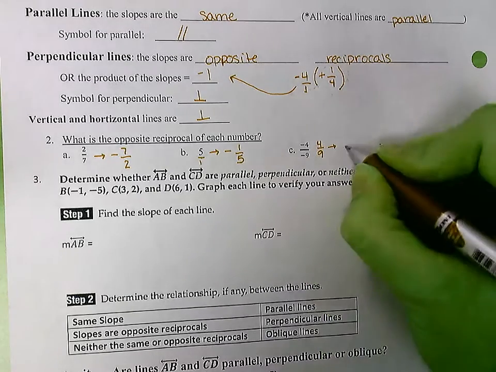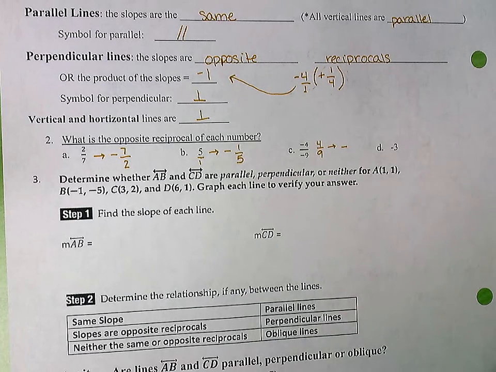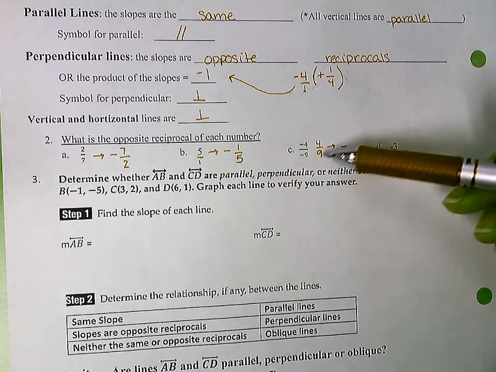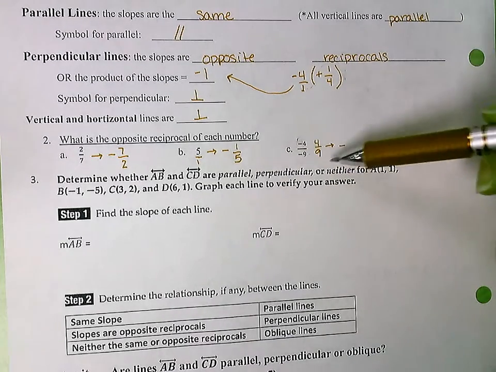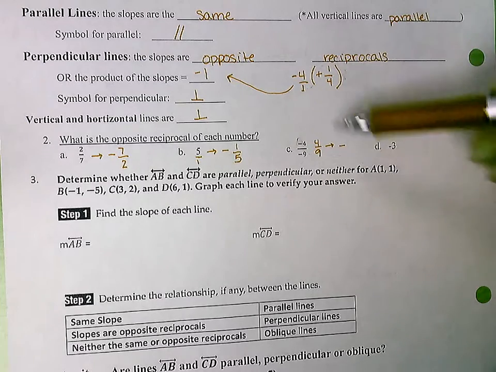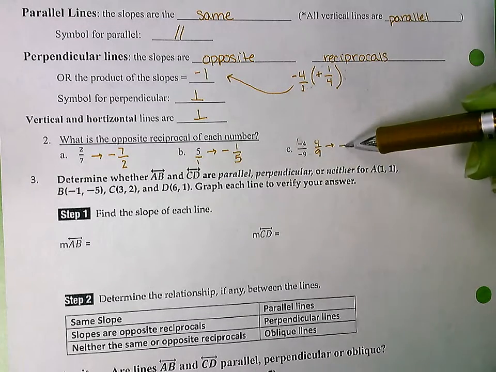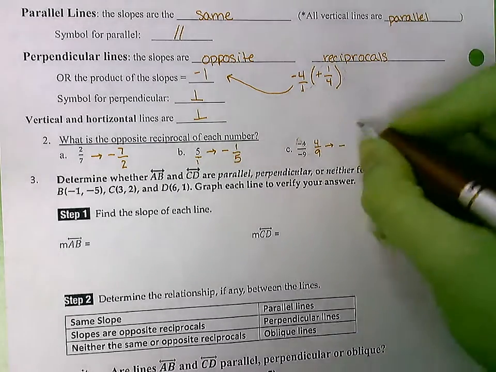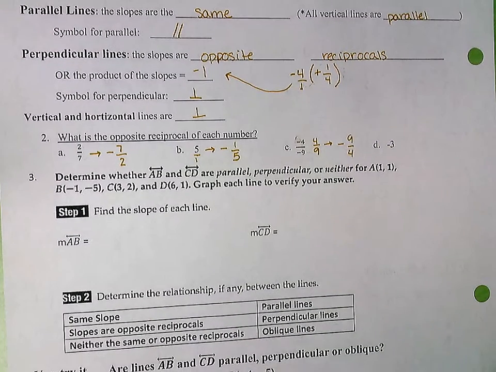So my opposite would be negative. Wait, so why would you do that? I didn't take the opposite reciprocal of this, I rewrote it. Okay. Because this is both negative, I just explained it. Now it's positive. So I'm taking the opposite sign, it's negative. Then I have to take the reciprocal, so flip your fraction to 9/4.